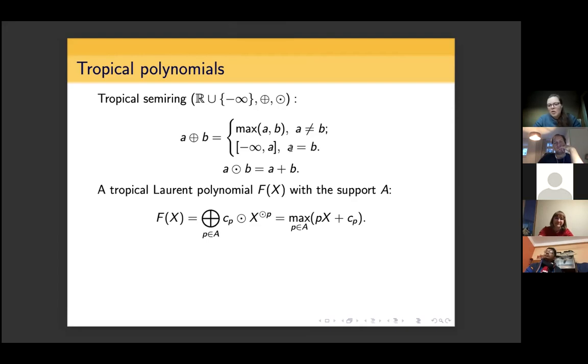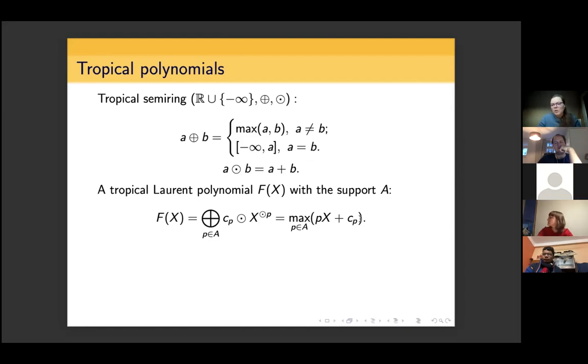A tropical Laurent polynomial with given support is a tropical sum of tropical monomials. Very elegant, very simple. And if you look at this expression and open up all the notation, using a slight abuse of notation, forgetting for a second about this multi-valued story, then basically what we would be interested in is the maximum of some list of affine linear functions.